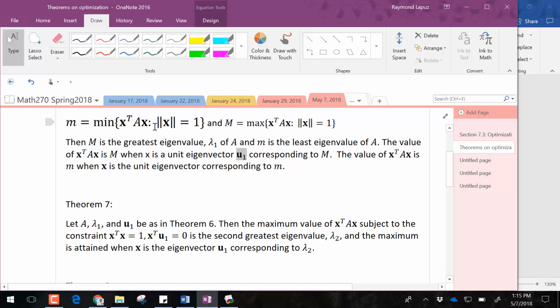Then you're going to get your value. So u1 is the input that's going to give you lambda 1 as an output of your quadratic form. And then the minimum value corresponds to the eigenvector corresponding to the least eigenvalue.